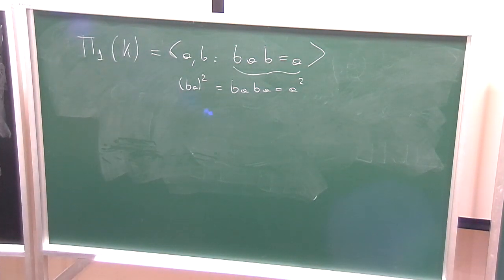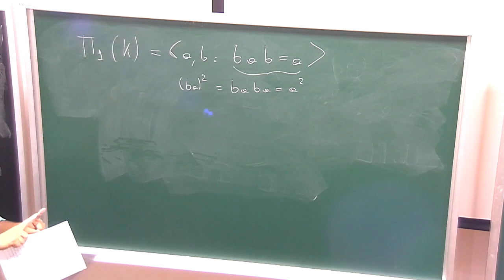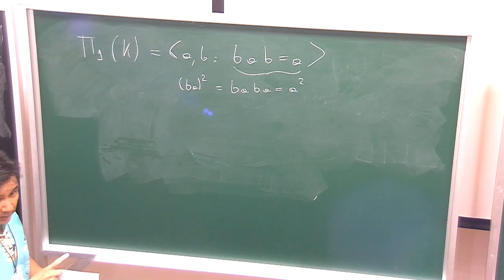So you have two different elements such that the squares are the same. And there is an order, but this is just a left order, so there is no contradiction here. This is impossible if the order is bi-invariant, but the order cannot be bi-invariant here.